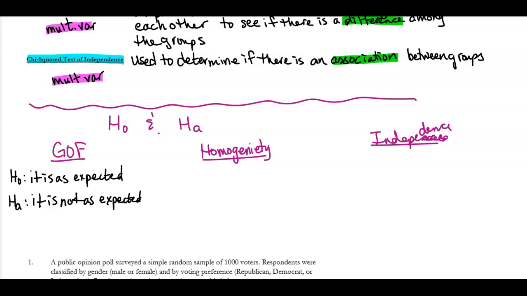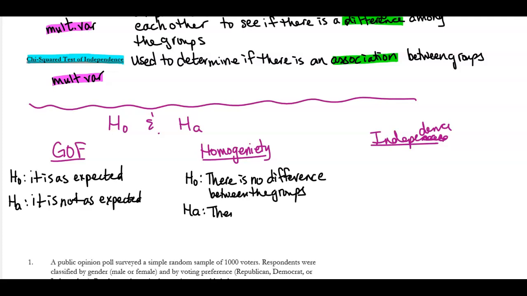Okay, remember, homogeneity looks for a difference. So the Ho is there is no difference between the groups, since we're comparing groups. And the Ha is there is a difference between groups.